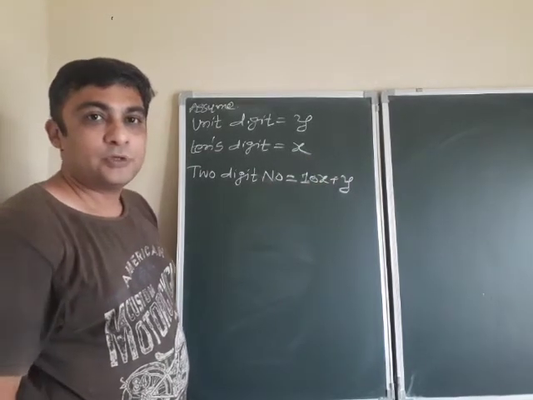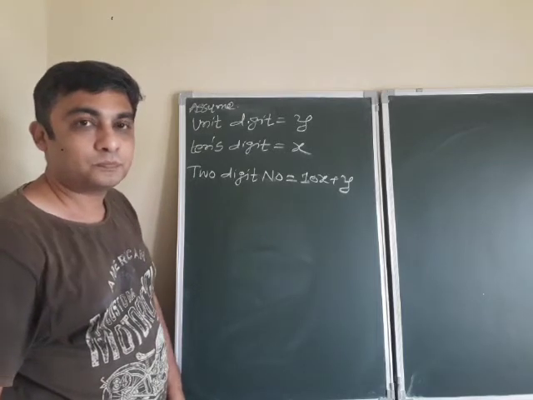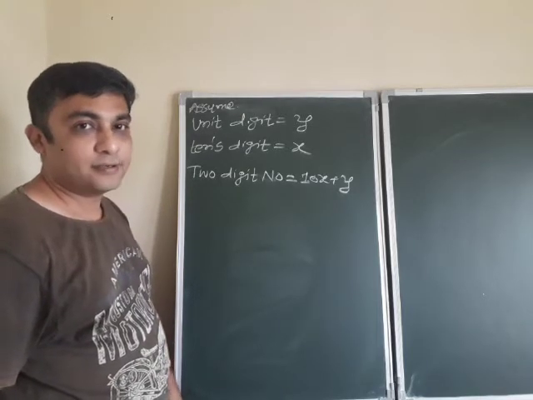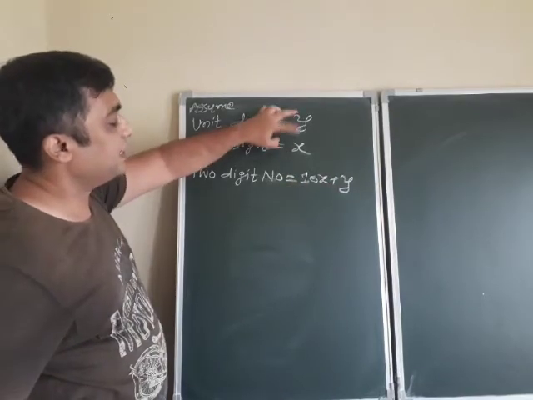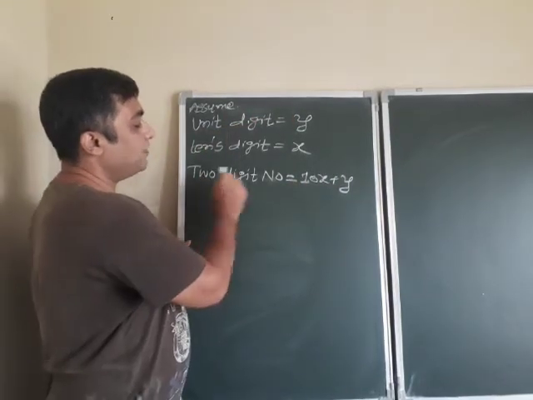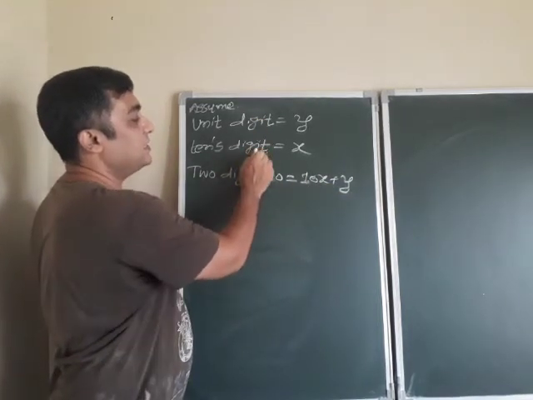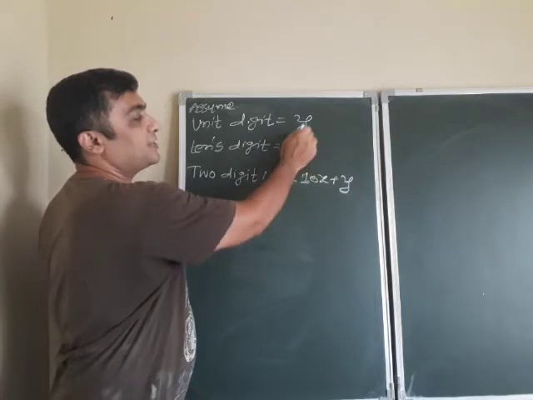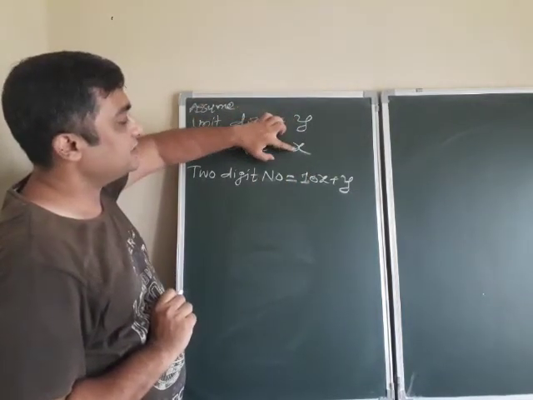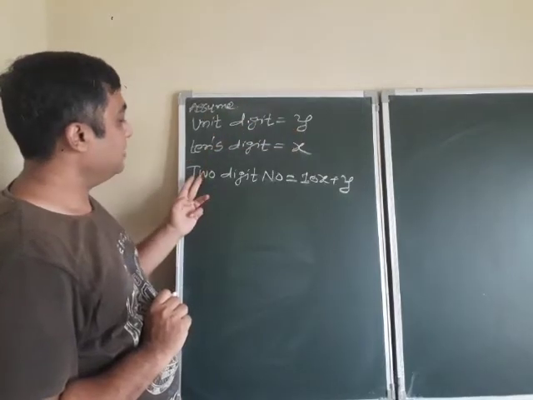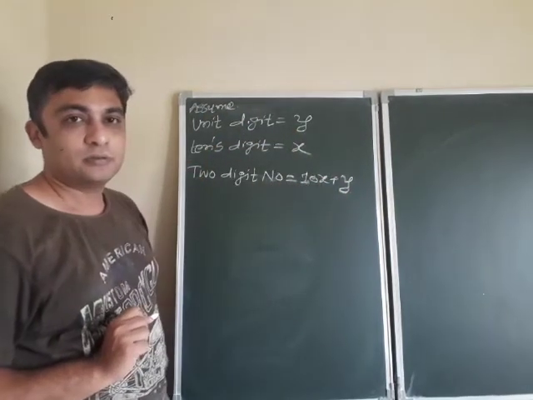Understood? Now, if they ask about a two-digit number, you can say 10x plus y, and if they ask about the digits, then you can go for x and y. So remember one thing very carefully: if they ask for the digits, digits are x and y, and if they ask for a two-digit number, your two-digit number is 10x plus y.